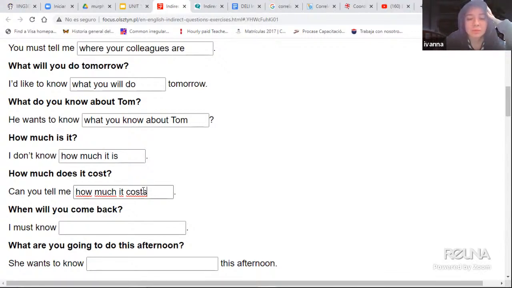Good question. In this case, the last part of the indirect sentence is pretty much like the affirmative form, okay? It stops being like an interrogative phrase, and then it is converted into an affirmative.